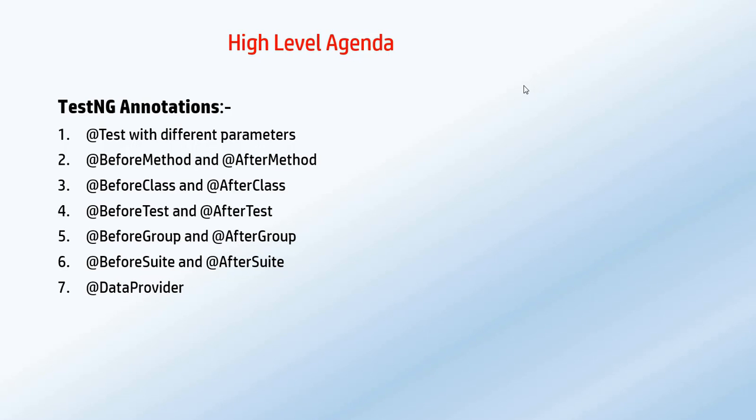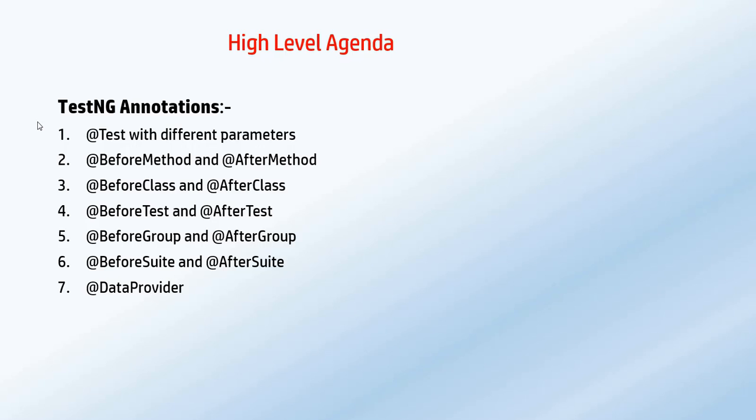I have listed all the different types of TestNG annotations, but we have already seen how to run multiple tests in the previous video tutorial with the introduction to the TestNG framework. In this video tutorial, we will discuss entirely different topics: parameters passing to the annotation test, and the second one is before method and the after method.